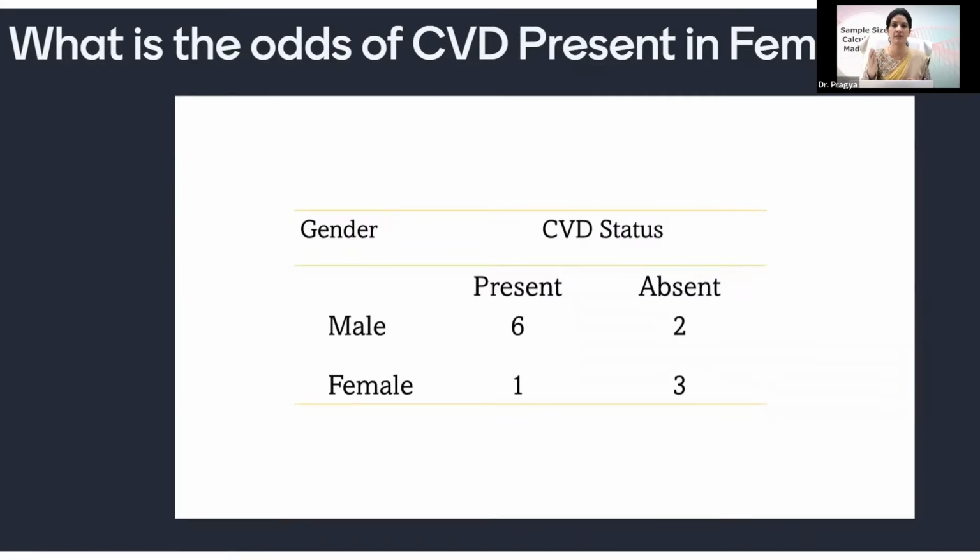Please write in the chat box. Yes, so now you got it right. It is 1/3. So before you calculate the odds ratio, first try calculating the odds, because definitely the odds ratio will be the odds of disease in male over the odds of disease in female. So yes, you are right, it is 1/3.